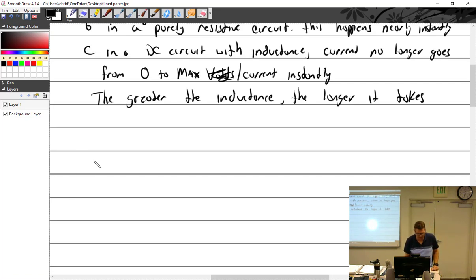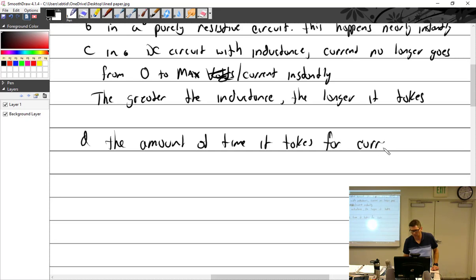So the amount of time it takes for current to reach maximum is based on time constants.